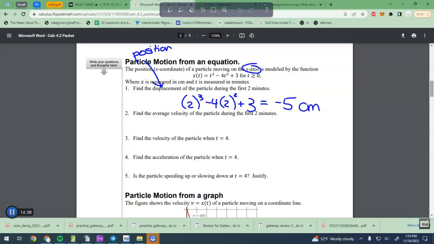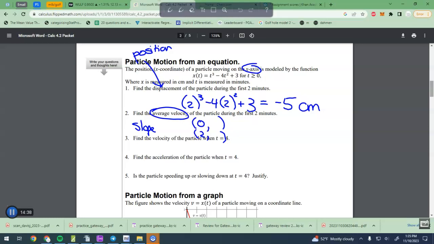Average velocity of the particle during the first 2 minutes. So average velocity is just like regular old slope. So I've got 0 and I've got 2. I'm going to find the y values of those points and then just find the slope between those points. So at 0, at the very beginning, what's the y value?